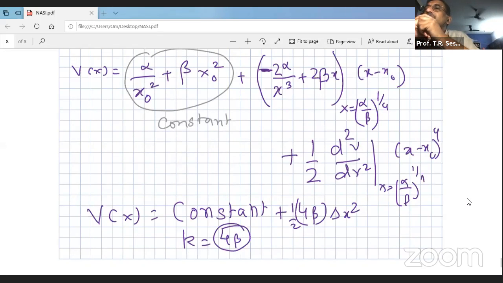Okay, very good question. Harsh has asked that suppose the potential is x to the power 4.